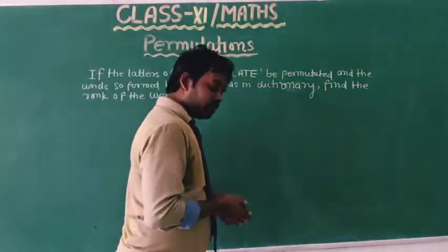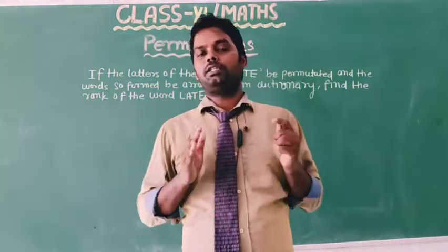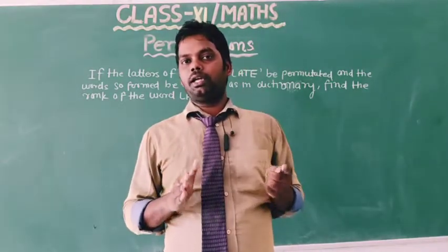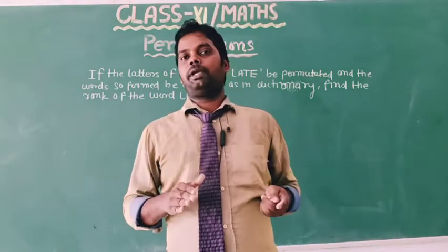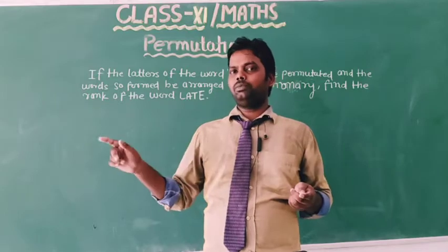In a dictionary, the words are arranged in alphabetical order. As you know, in alphabetical order first A comes, after that B, and after that C, D, E, F, G and so on.